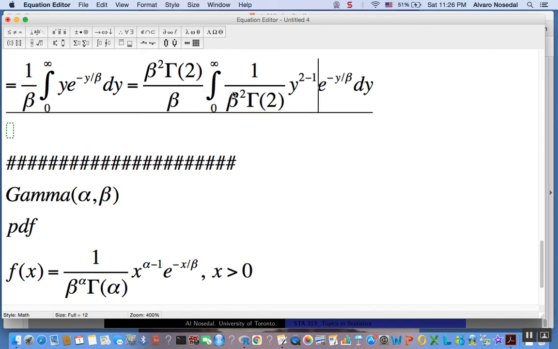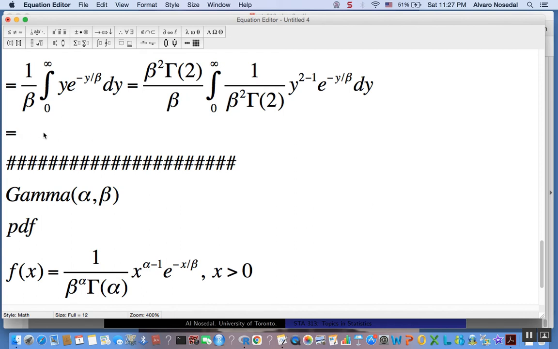We're just multiplying by 1. But by doing that, now since we are integrating a gamma with parameters alpha equals 2 and beta equals 0.80025, the integral is just 1.